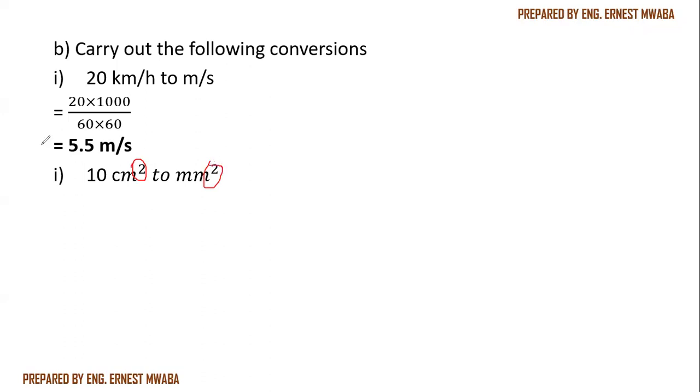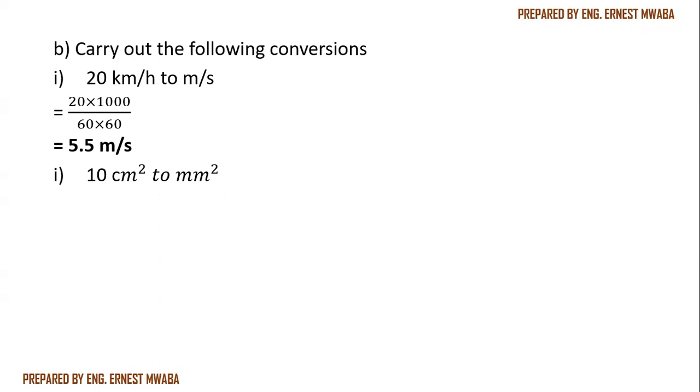The question didn't say convert from centimeter and then to millimeter. No. There's a square being added there as a power, which already tells us a story that we're not dealing with the actual conversions as they appear in our standard table of the prefixes that we know.